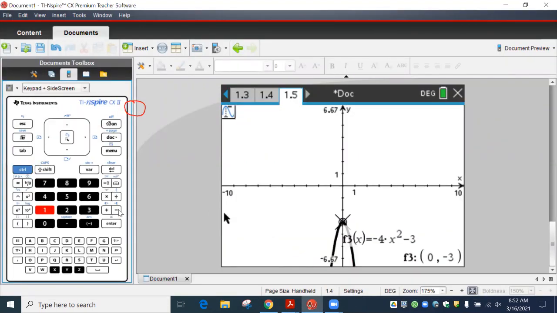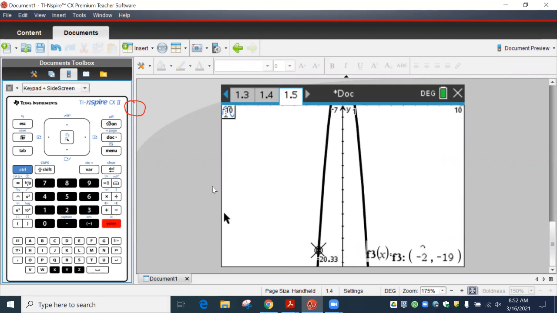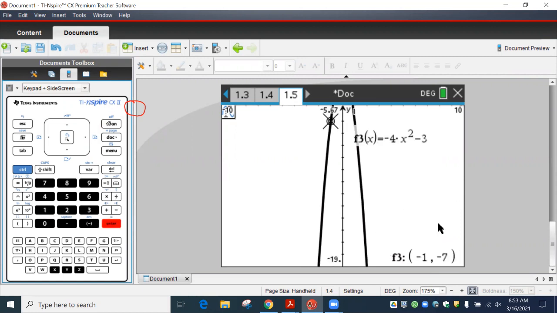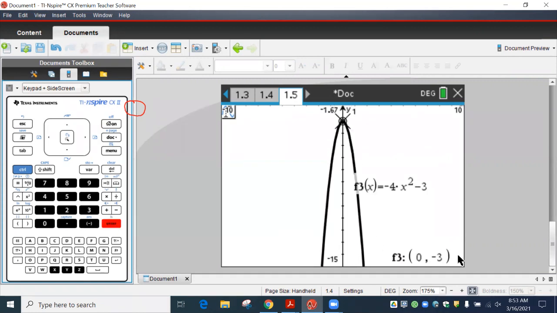So I'm going to type in -2. So your first number is -19. And then -1. Your second number is -7. And then 0. Your third number is -3.